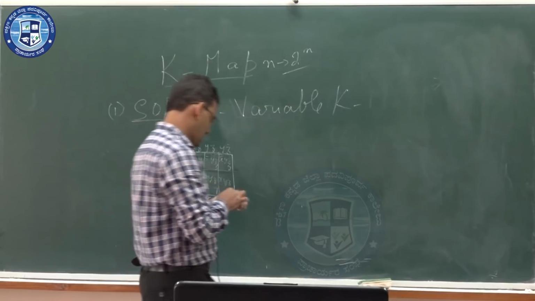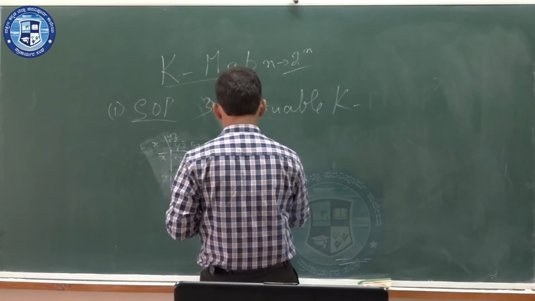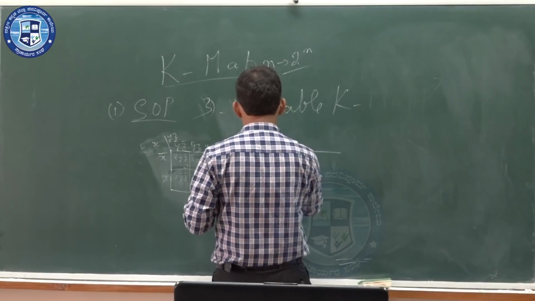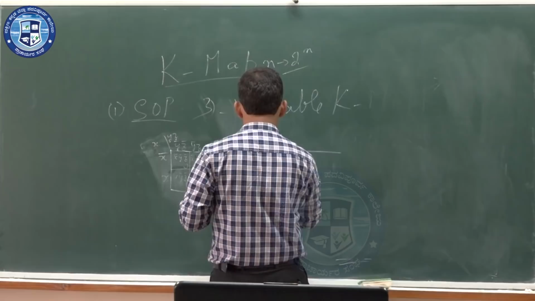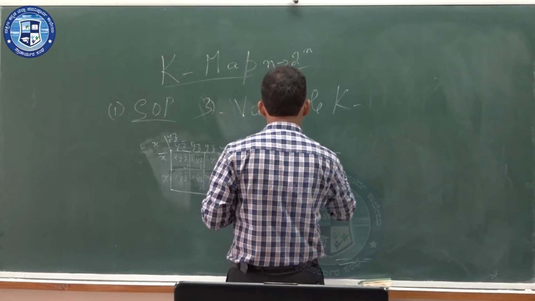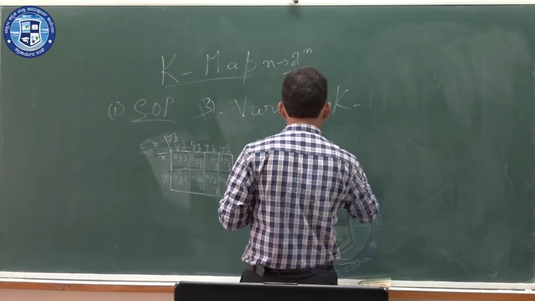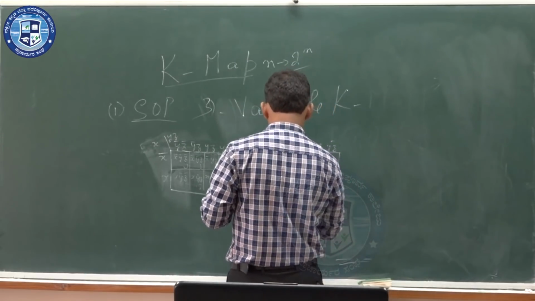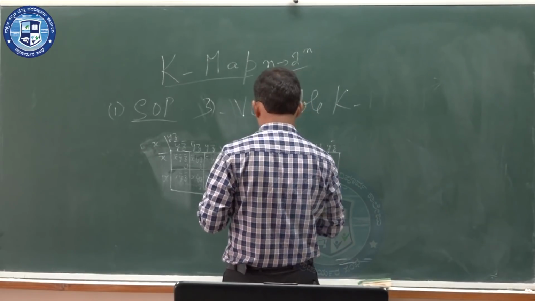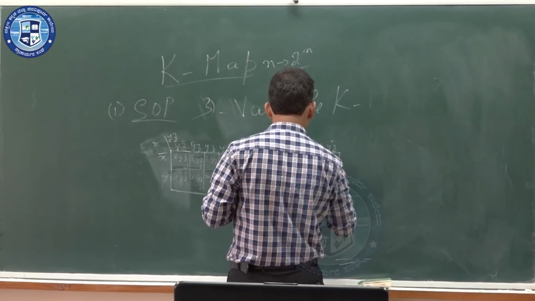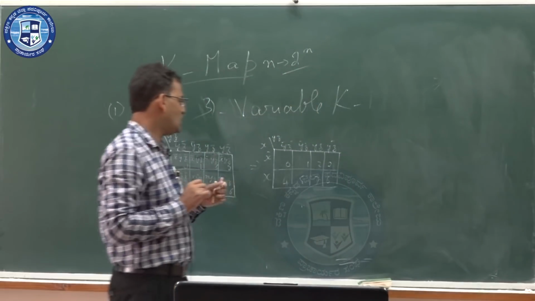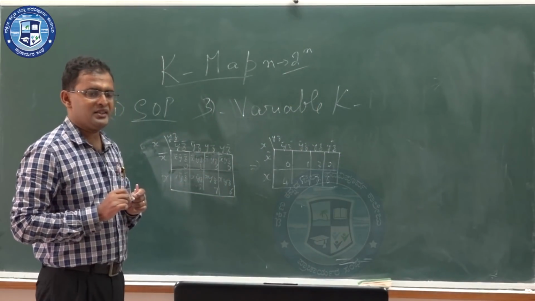If you want me to write the same K map for the numbers, that is x bar, x, y bar z bar, y bar z, y z and y z bar. Zero, 1, 2, 3, 4, 5, 6, 7. This is the map. Let me take an example.